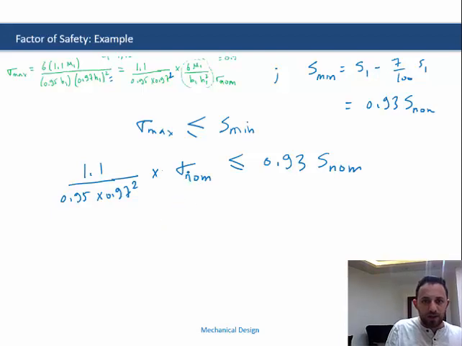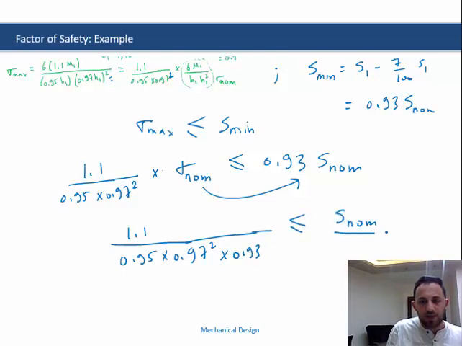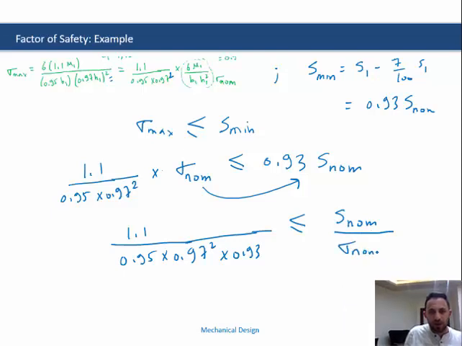Now we can take this to the other side, the sigma. So we end up with 1.1 over 0.95, 0.97 square times 0.93 as nominal sigma nominal.